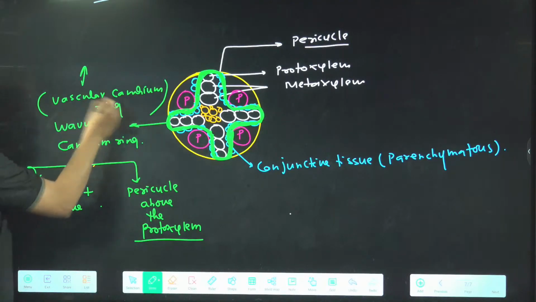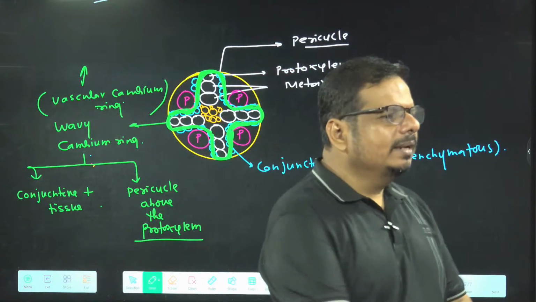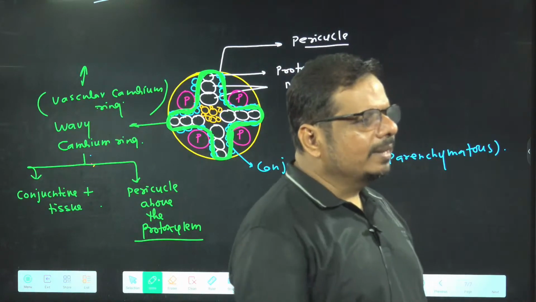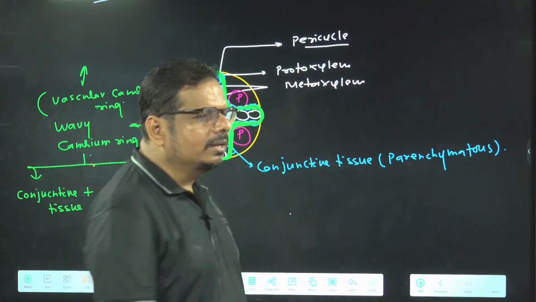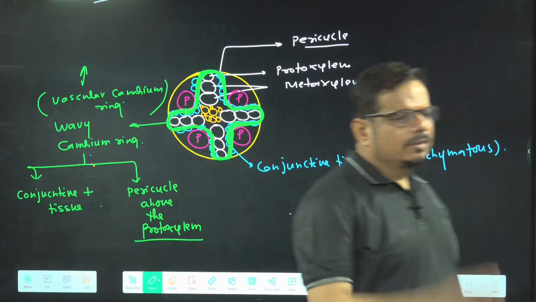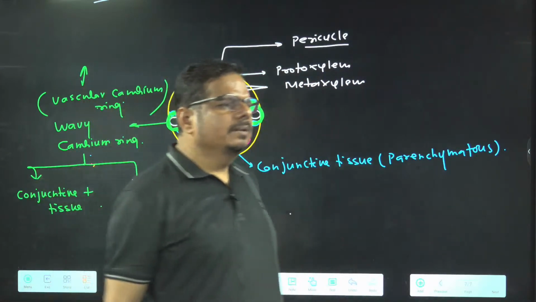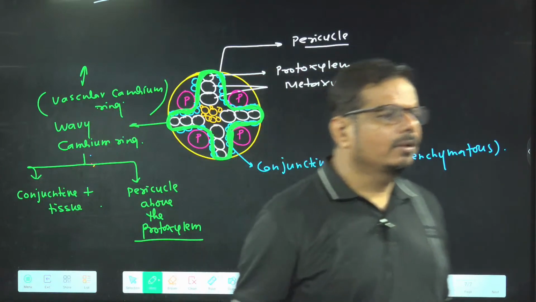This vascular cambium ring is different from the vascular cambium ring of dicot stem. Who will answer this question? How does the vascular cambium ring of dicot root differ from the vascular cambium ring of dicot stem?